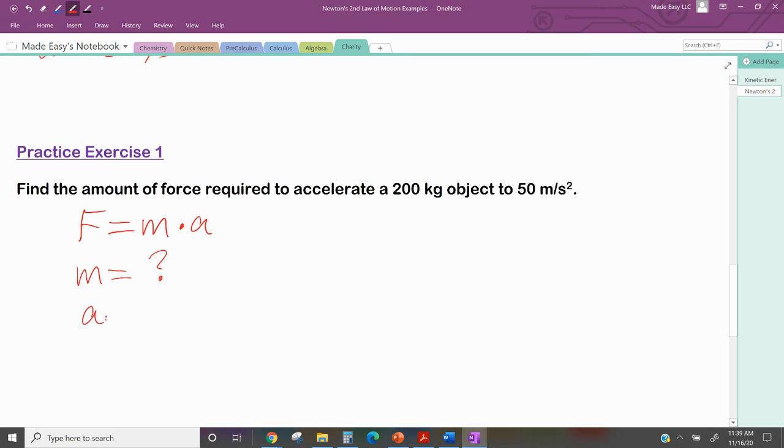What is the acceleration? What you're going to have to do is find the mass from the problem, and then find the acceleration from the problem, and then take those two and multiply them together.